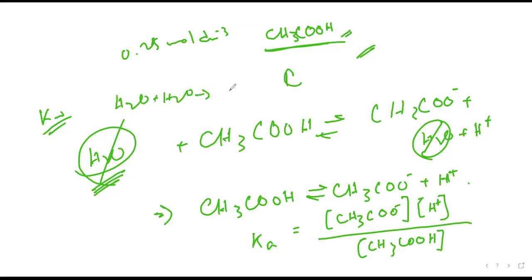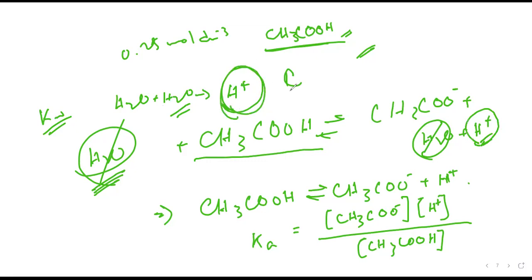That means there is H plus ion from the dissociation of water, as well as H plus ion from the dissociation of this acid. So there are two sources of hydrogen ion, from two different compounds: one is water, another is acid.